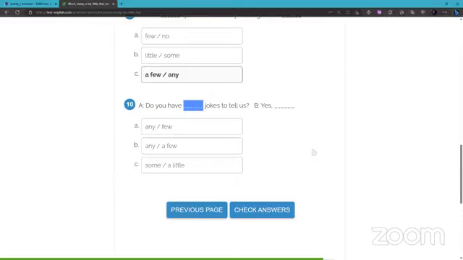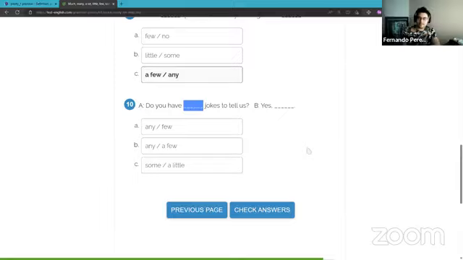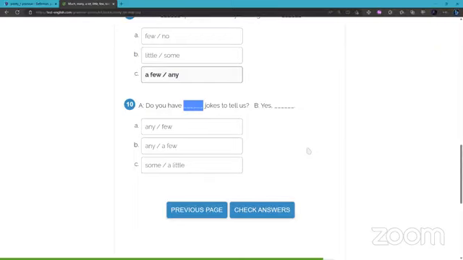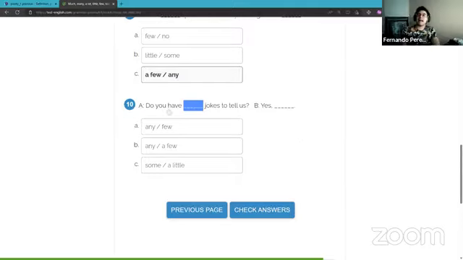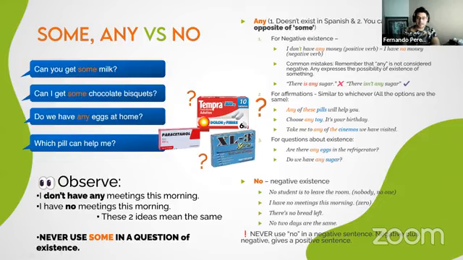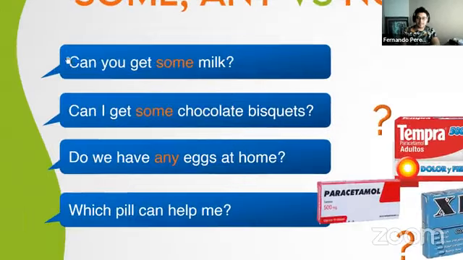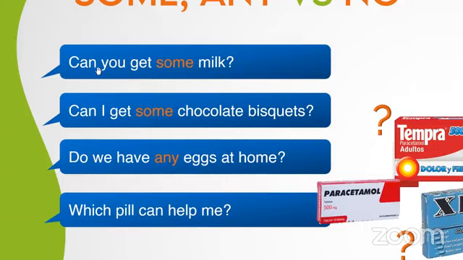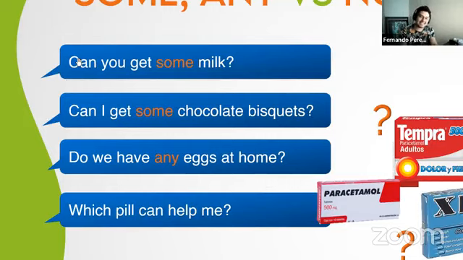You show us an example with have plus some. Okay, but if you use have plus some, it's because you have the auxiliary can, and it's a different thing. When you say can, it's because you are sure about the existence.